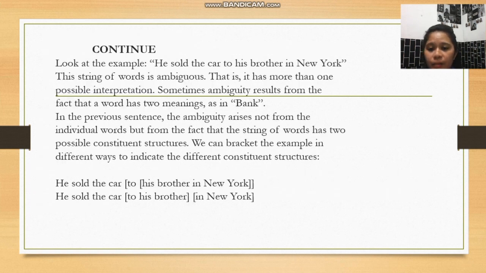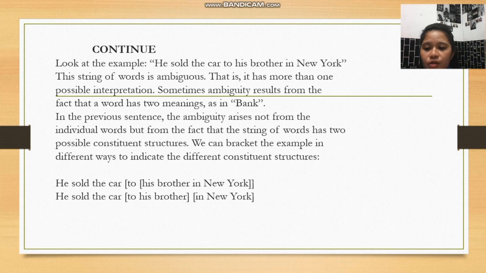Continue. Look at the example: He showed the car to his brother in New York. This string of words is ambiguous; that is, it has more than one possible interpretation. Sometimes ambiguity results from the fact that a word has two meanings, as in "bank".